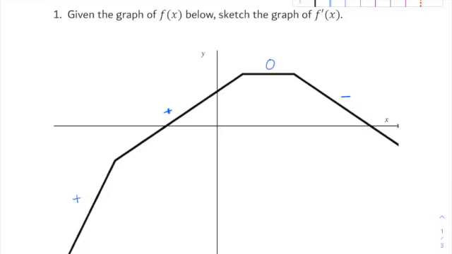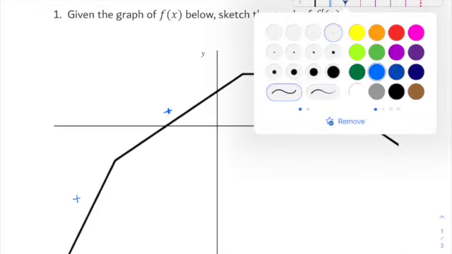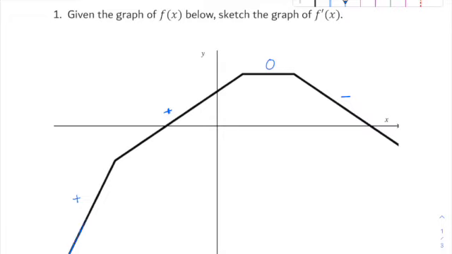And as we said, we're thinking about the slope. So this first segment has a positive slope. So, I mean, think about what that equation would be. If you want to think numerically, the equation of that line might be like y equals 5x plus 20 or something. But the derivative of that 5x is going to be 5, right? So f prime is the slope of that.